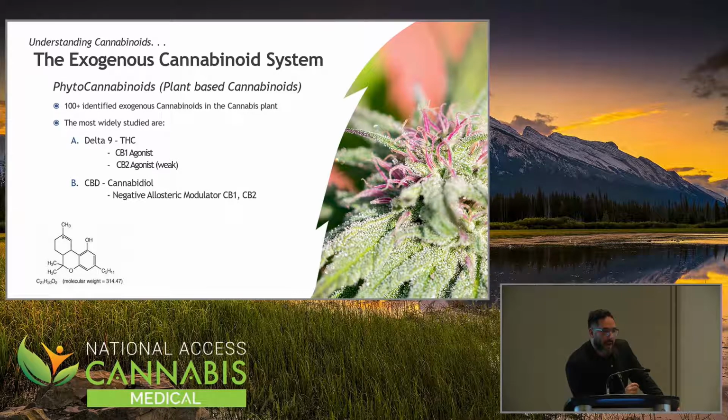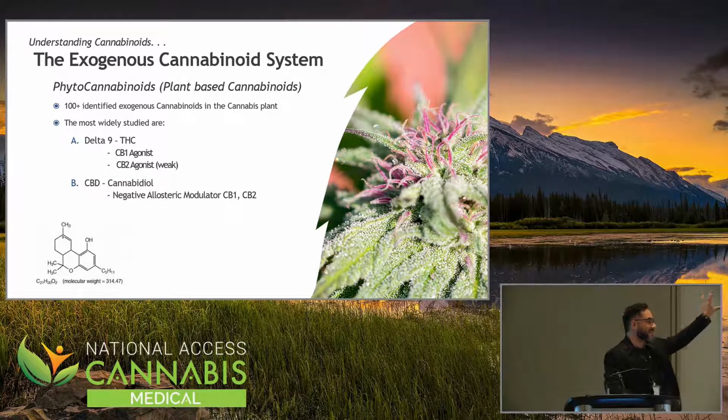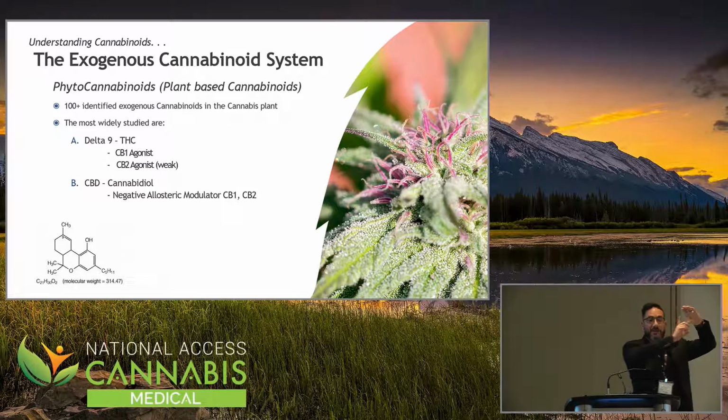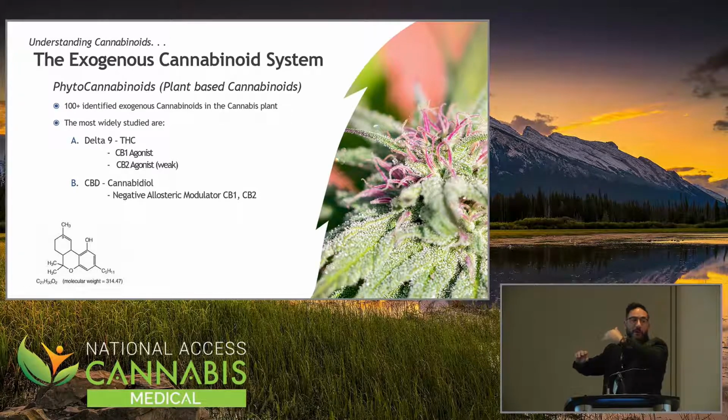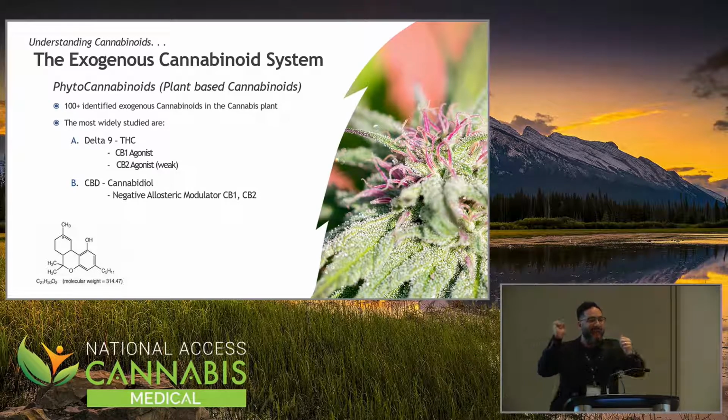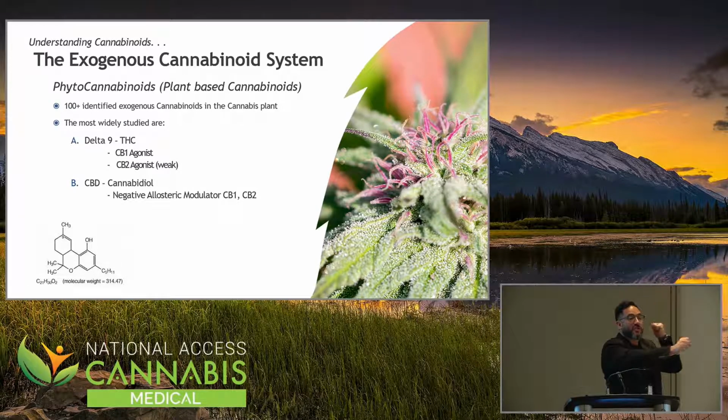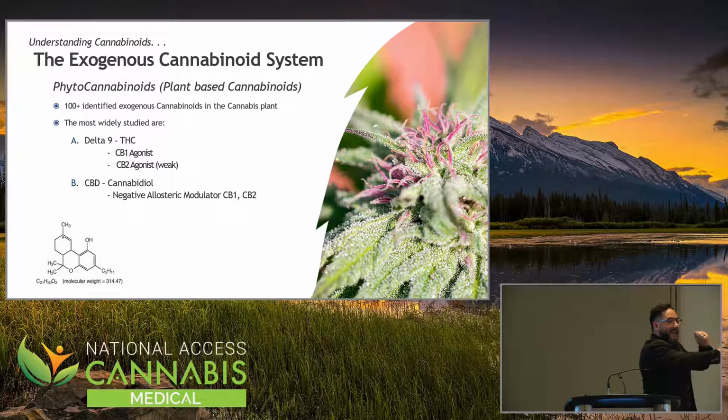CBD, on the other hand, works like a competitive inhibitor of the CB1 receptor. So if you have THC exerting its force on that CB1 receptor, CBD can come along, kick it out of its way, and exert its force on the CB1 receptor, stopping the negative effects that THC has at that CB1 receptor site.